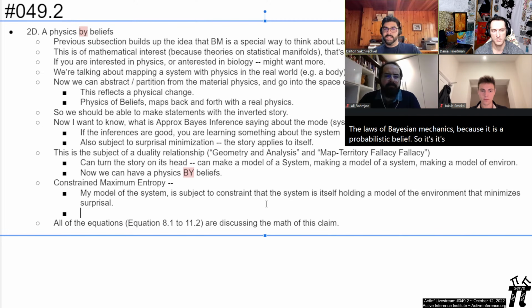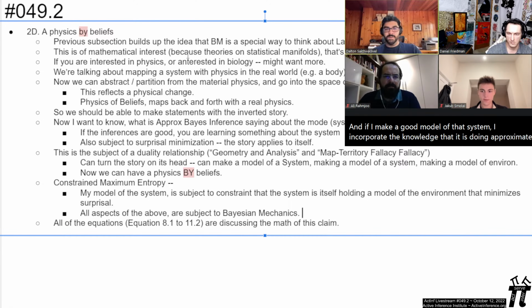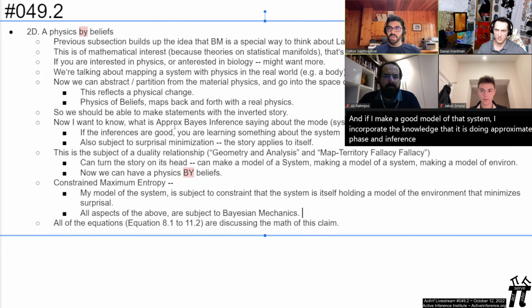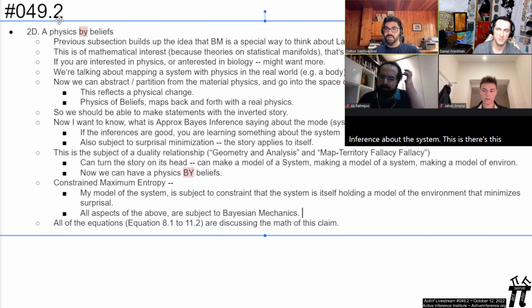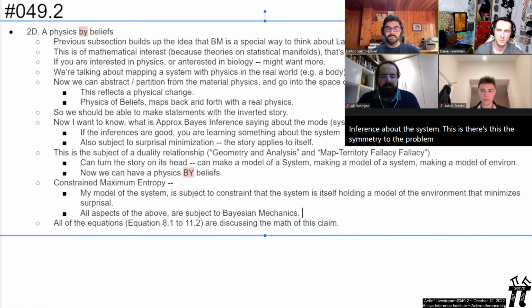So it's like saying I'm sitting in the environment and I'm synchronizing to the system, which is synchronizing to me. And if I make a good model of that system, I incorporate the knowledge that it is doing approximate Bayesian inference. That shapes my own approximate Bayesian inference about the system. There's this symmetry to the problem that falls out of very first principles considerations.